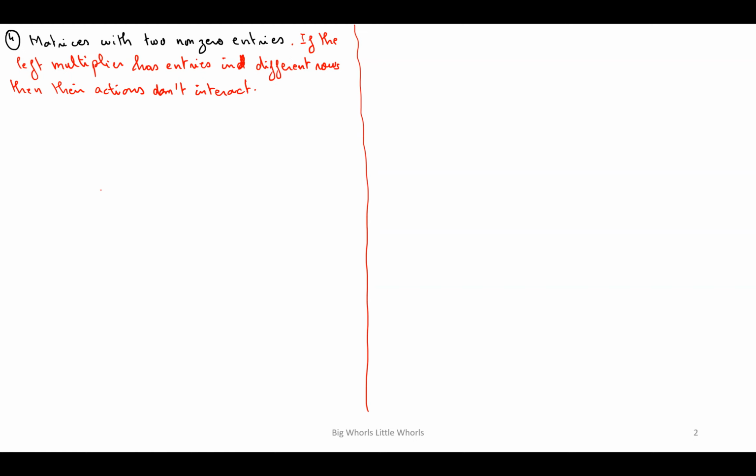Okay, so I think I should highlight. Maybe I should say different rows and don't interact in different colors. Okay, if the left multiplier has entries in different rows, then the actions don't interact.